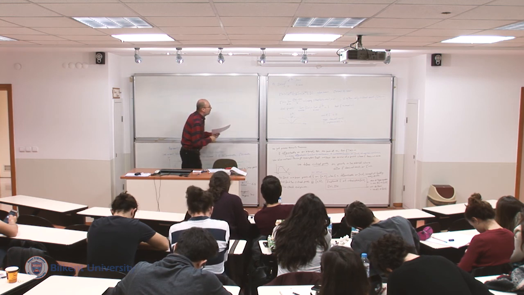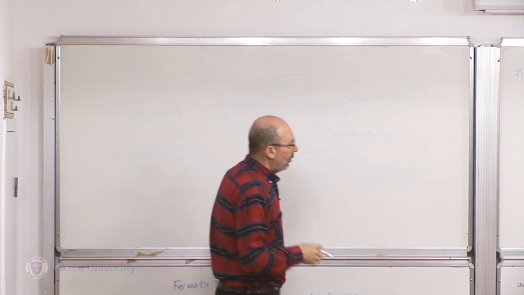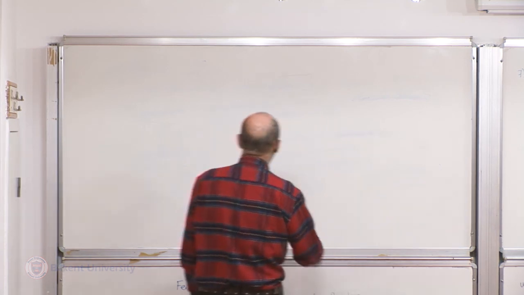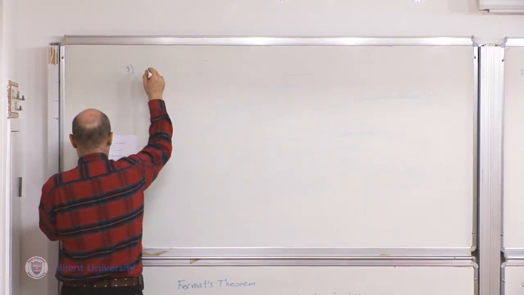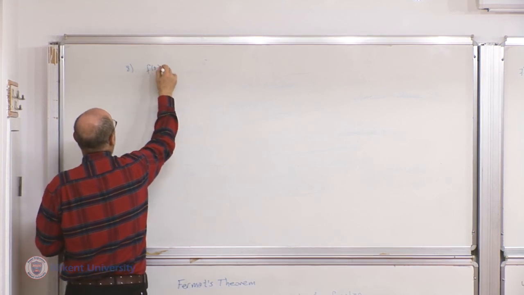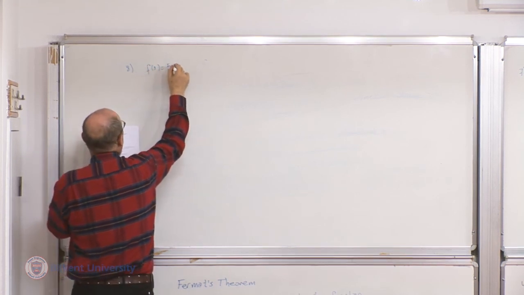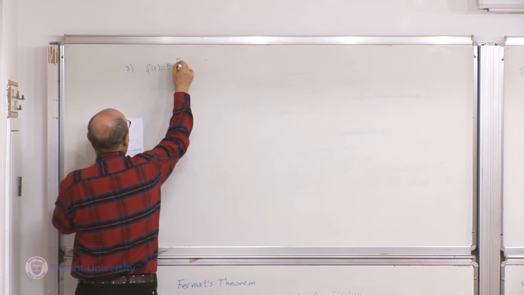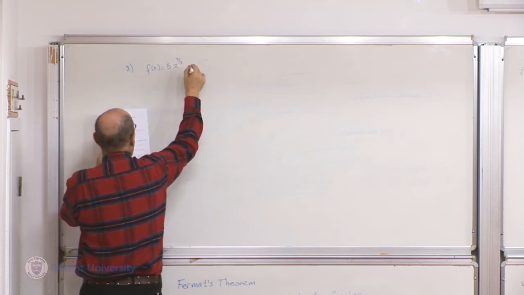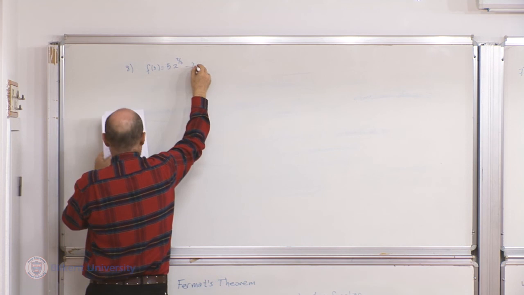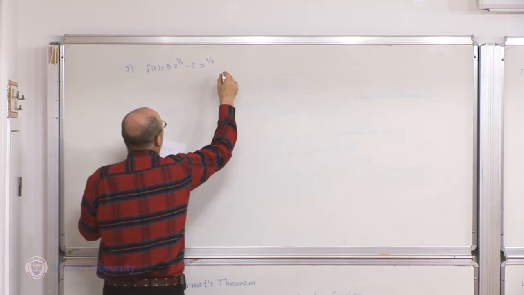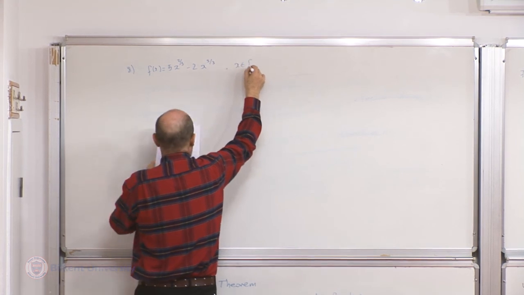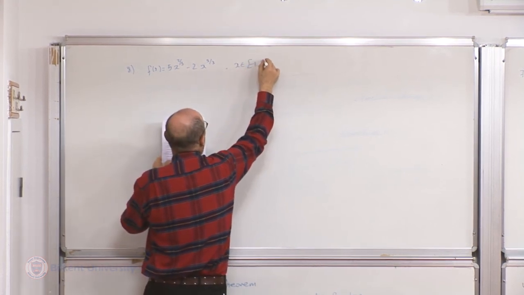Okay, so another example. So what is the number? 8. Our function is f of x equals 5 x to the power 2 over 3 minus 2 x to the power 5 over 3, and x is in the interval [-1, 2].